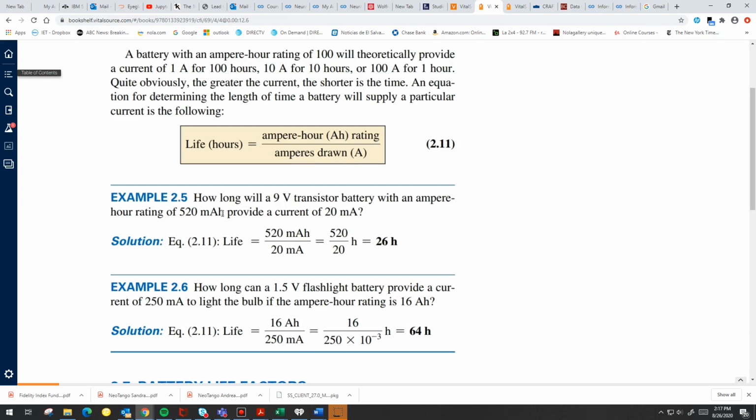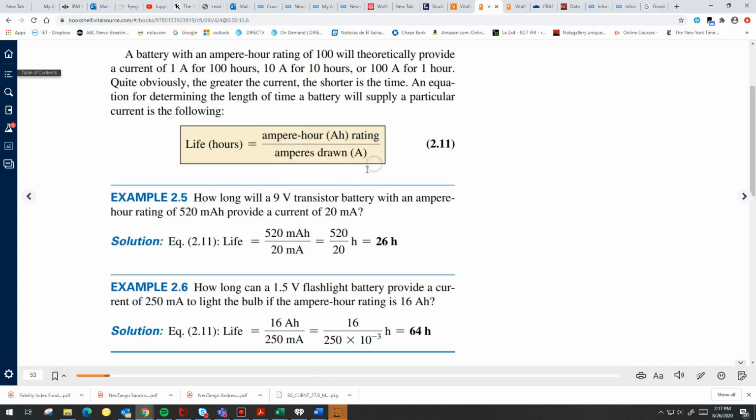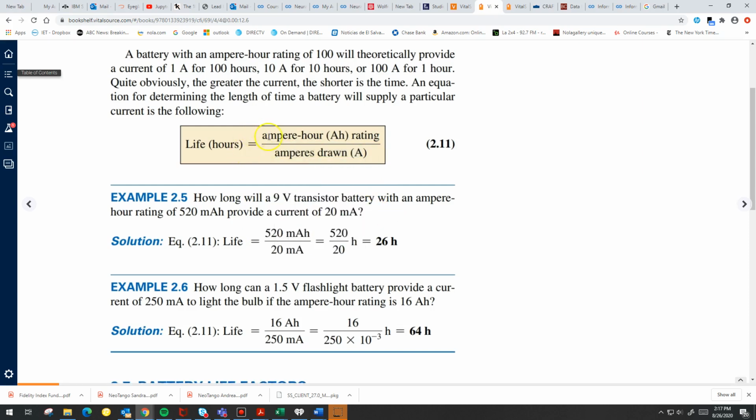Well, if it has an ampere hour rating of 520, and is giving you 20 milliamps, given this equation, if we divide this one over the ampere drawn, then you get the life of the battery in hours.